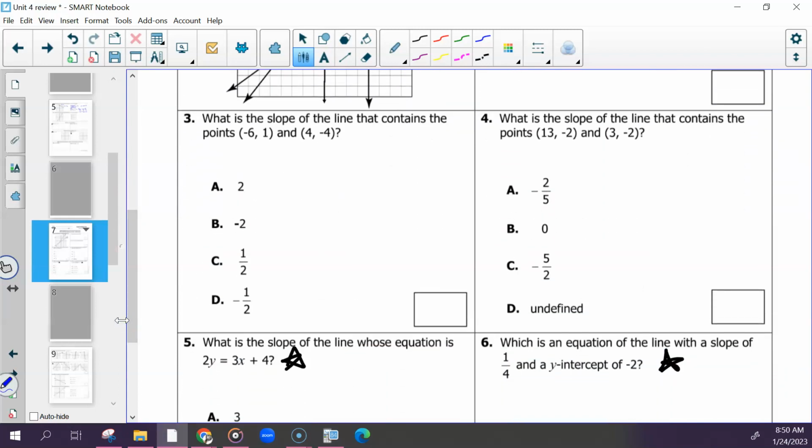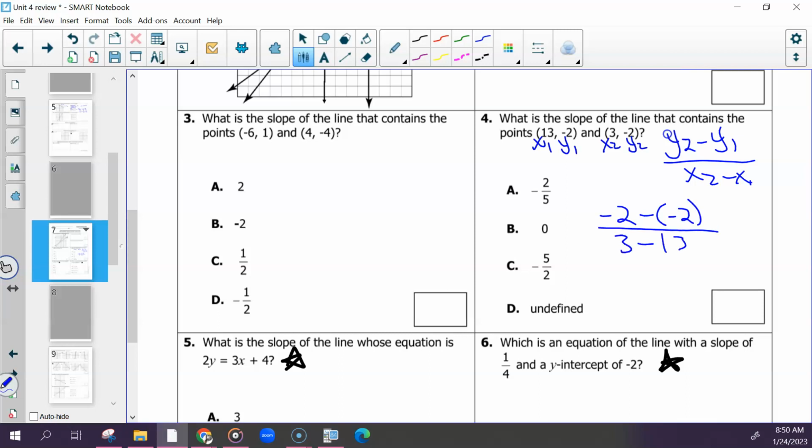So for our slope, we're doing that same thing, y2 minus y1 over x2 minus x1. Label them if you need to. We have -2 minus a -2 over 3 minus 13.